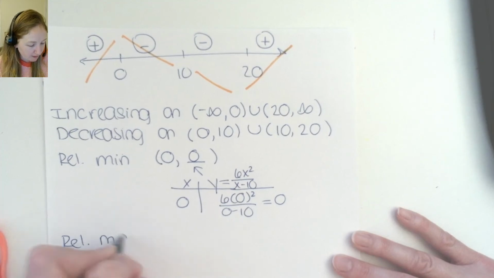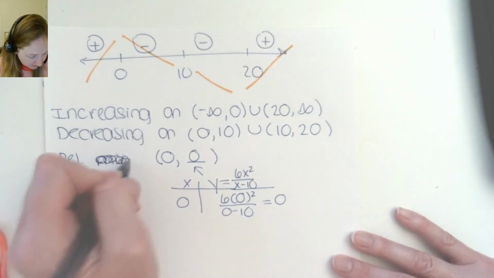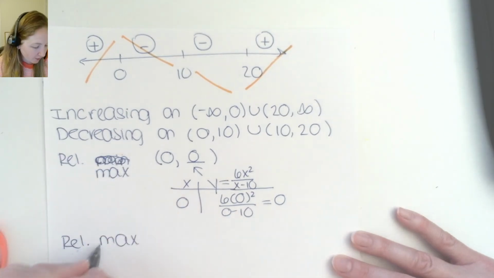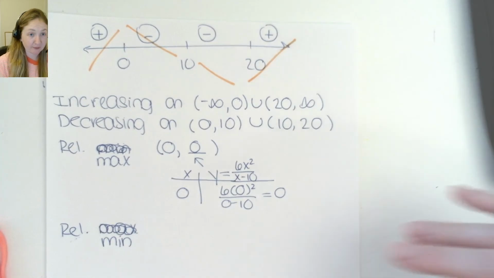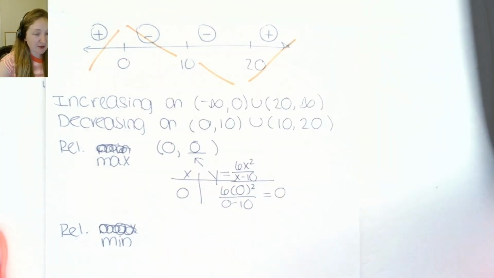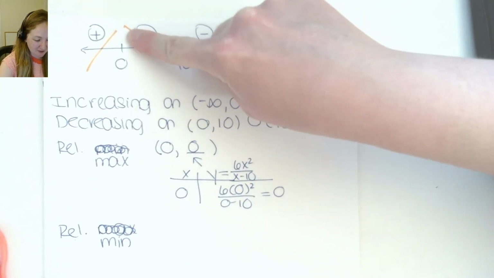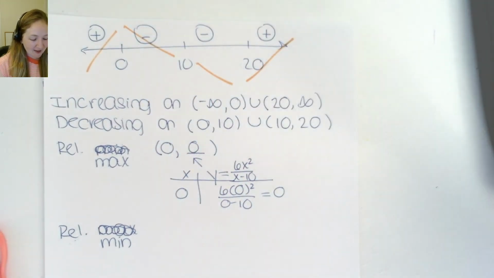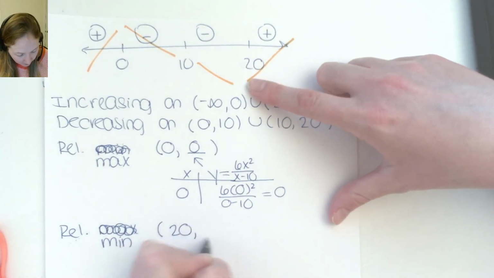And as far as our relative max goes, relative max would be at 0, comma 0. And then our relative min, I don't know why I mixed those up for some reason. I'm pretty tired, I guess. All right, maybe I should stop for the night. All right, so our max is going to go up and then down. That's going to be our max at 0, comma 0. And then our min is going to happen at 20, comma.